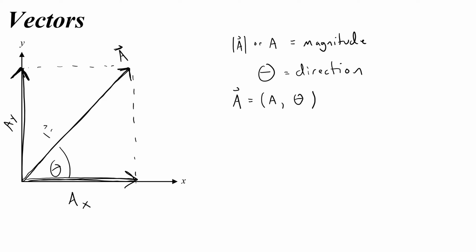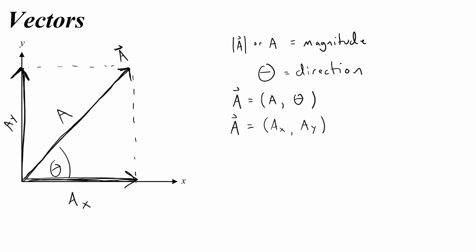Now I'm going to erase this and just call the length of the vector A, so it's a little bit easier to see. So this vector has a magnitude of A, and then it will have an A_y component and an A_x component. The way that we talk about this vector if we use these components is we would write A equals A_x, comma, A_y.